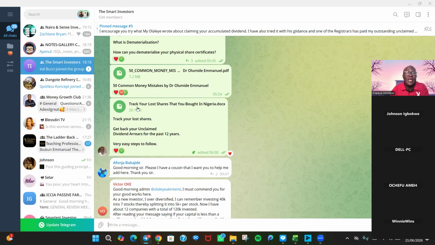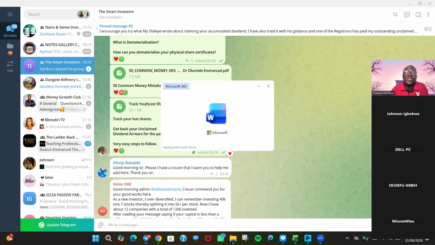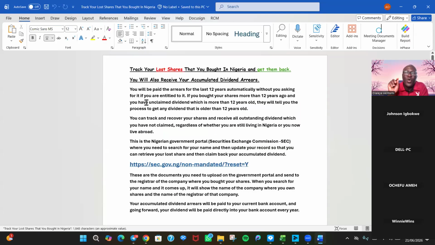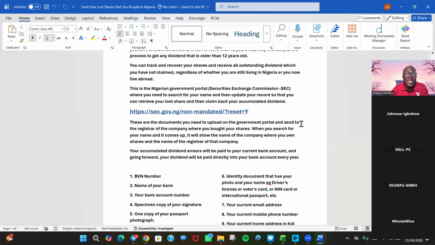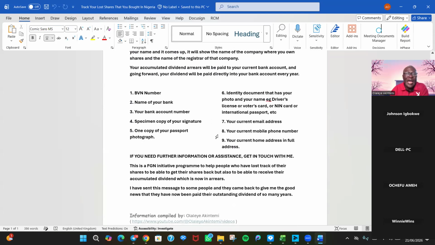So I haven't forgotten. That information is already in the Telegram group. If you click on it, it will open this page for you. You need to read this information. When you have prepared all the documents that you need to show, because you have to prove that you own those shares, that you bought those shares years ago.